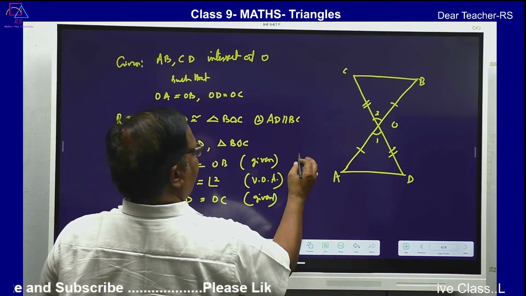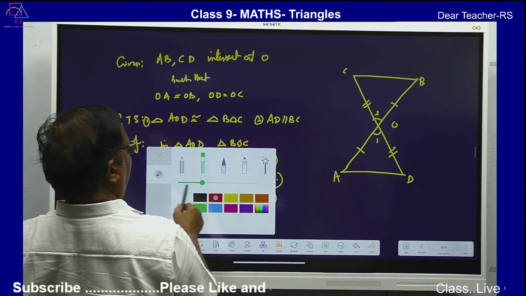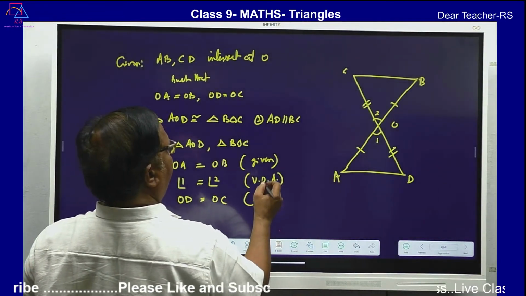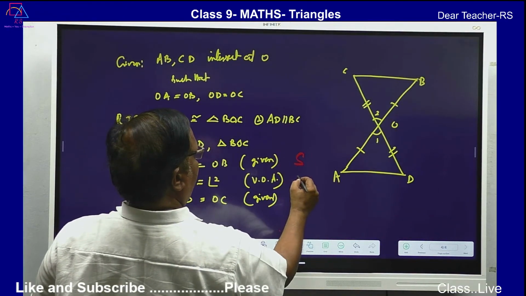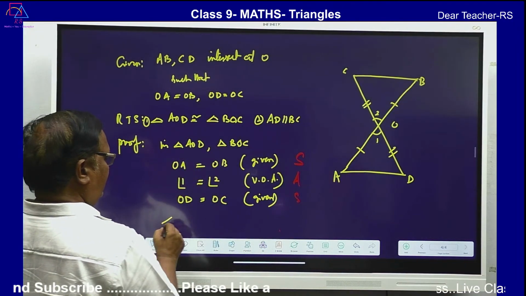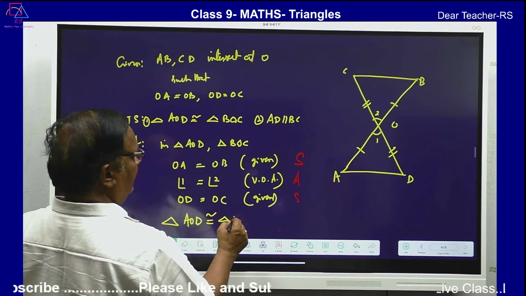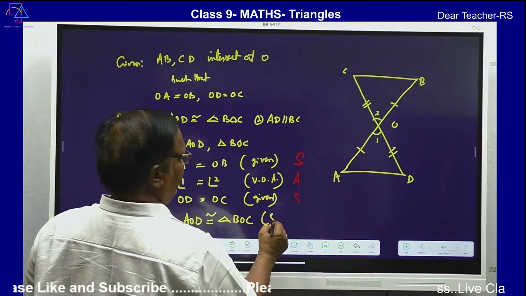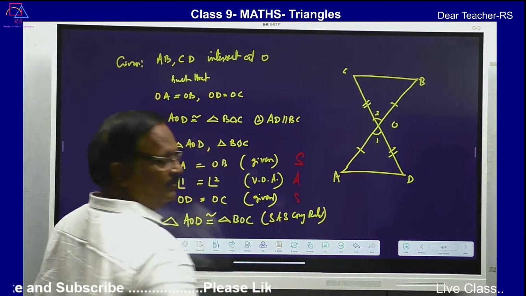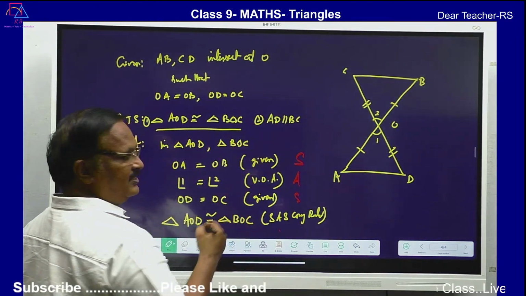So now this is side, angle, side. Therefore, triangle AOD is congruent to triangle BOC by SAS congruency rule. So the first one is proved.